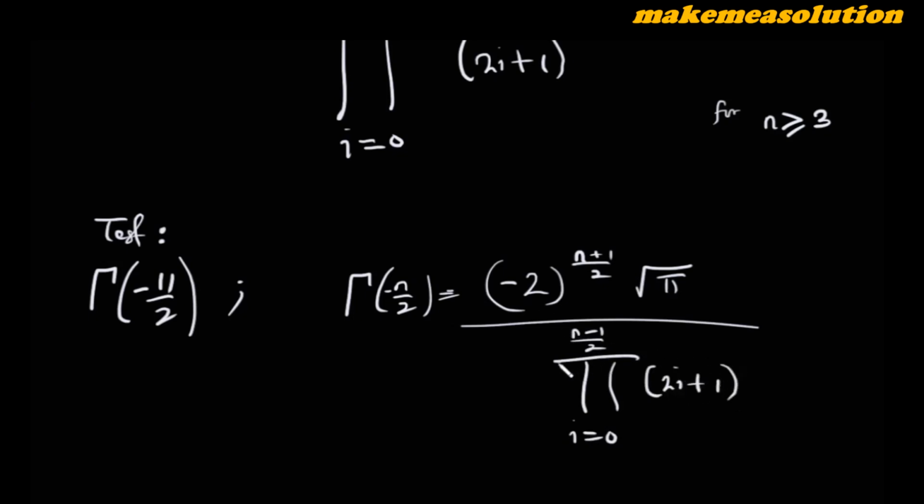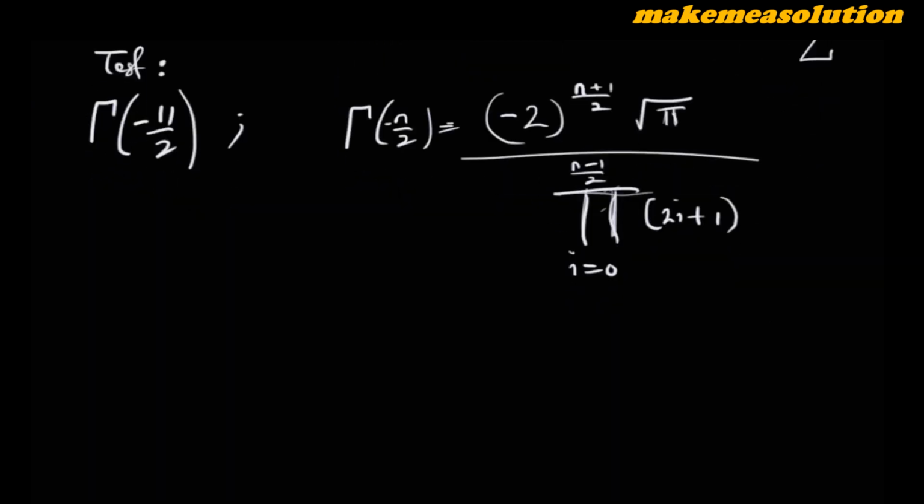So this pi that you're seeing here is not the same as the pi that you know. Actually, they are sharing the same Greek symbol, but in this context, in the denominator, it stands for the product operator. So we have sigma for summation, okay, you know how to use sigma, then this one is for product. So pi is for product, while sigma is for summation. So let's test it on 11 over 2.